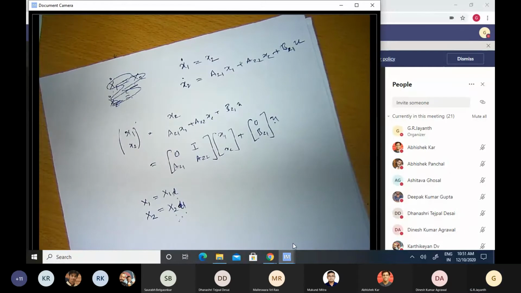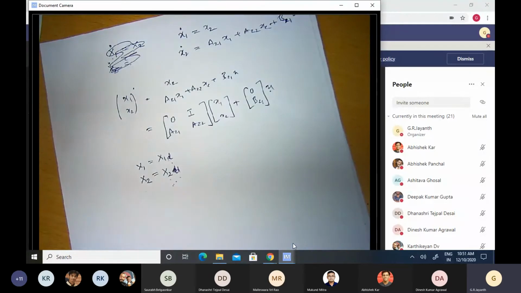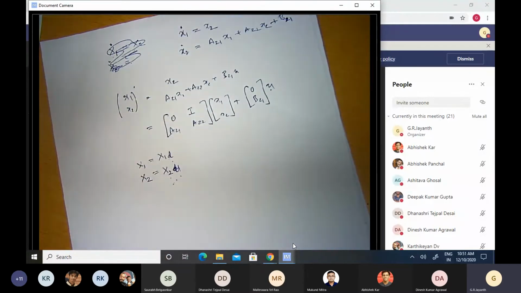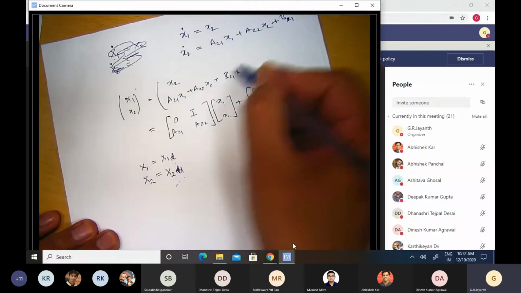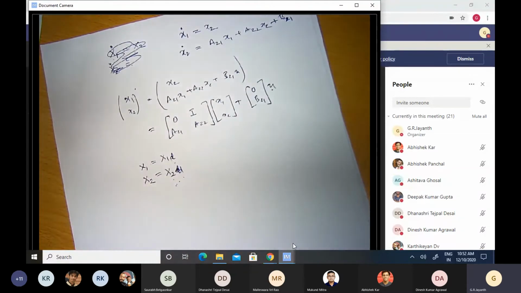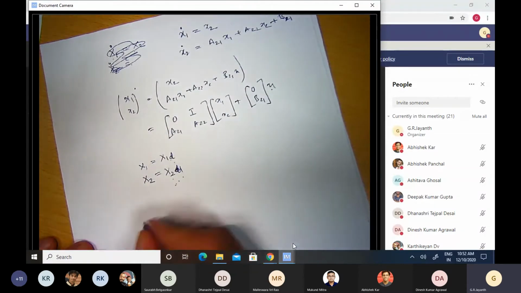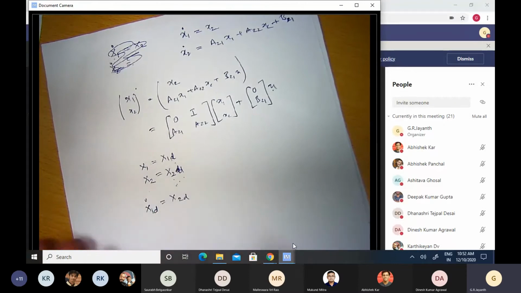How do I do that? Suppose by good fortune x1 and x2 were already equal to x1d and x2d, then what equation do they satisfy? Then x1d dot will be equal to x2d, of course, because one is a position, the other is a velocity.